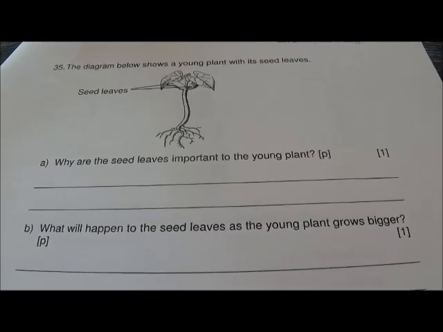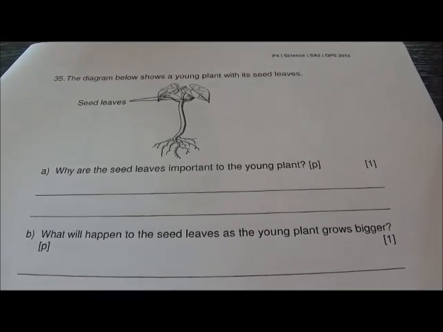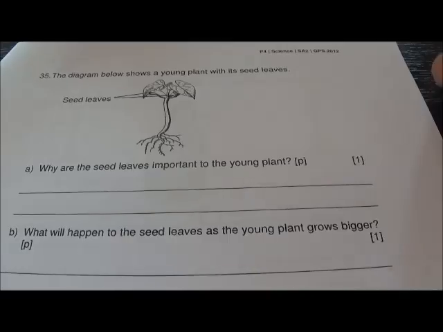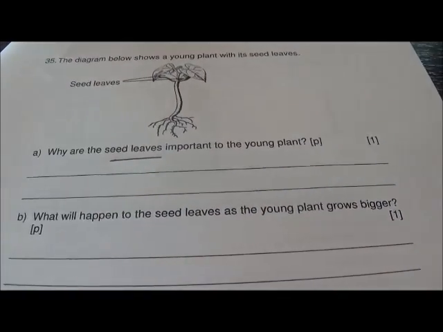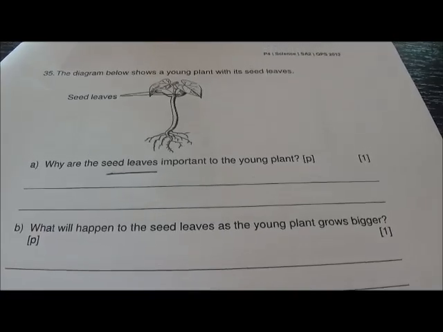Question 35. The diagram below shows the young plants with the seed leaves. Why are the seed leaves important to the young plants? Okay, remember we said before, seed leaves provide food for the plant before the shoots grow up.